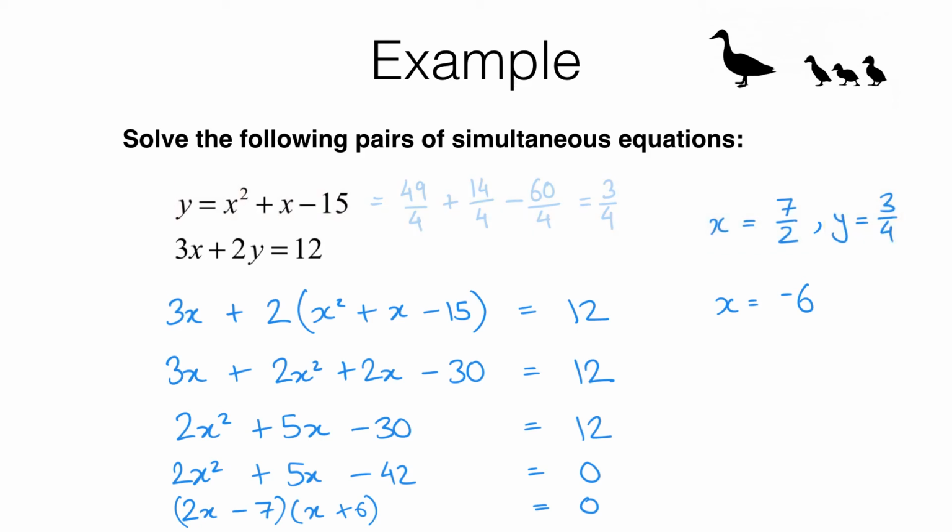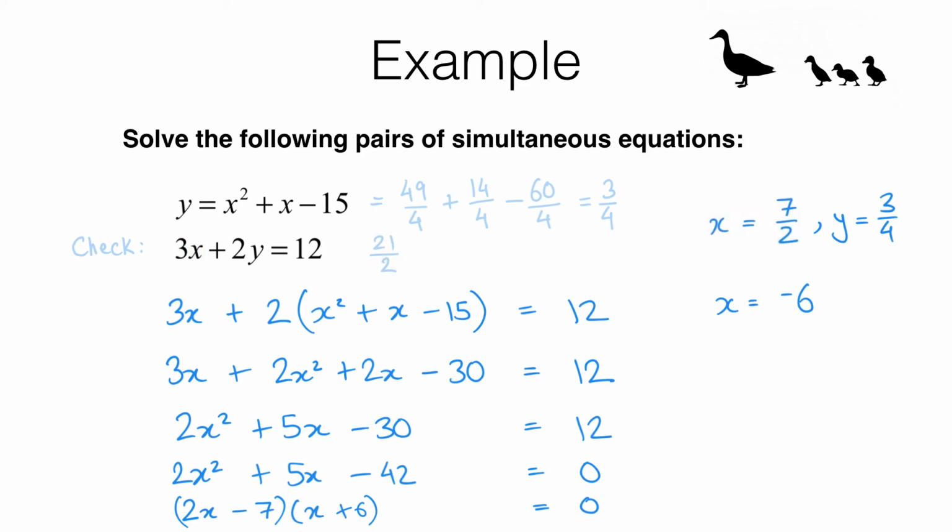Now, because this involves some tricky fractions, it might be a good idea to check that this is correct. And we can do that by substituting these values into the second equation and making sure that the equation is satisfied. So let's do that. If x is 7 over 2, then 3x is going to be 3 lots of 7 over 2, which is 21 over 2.